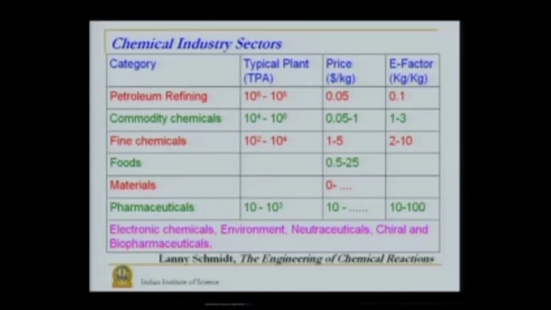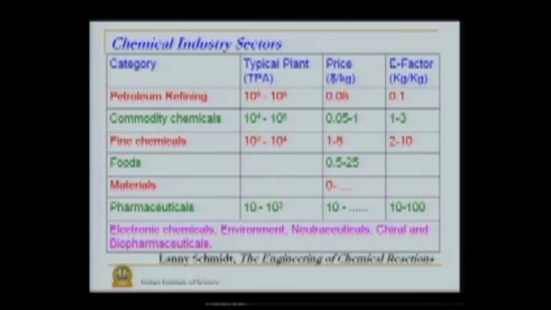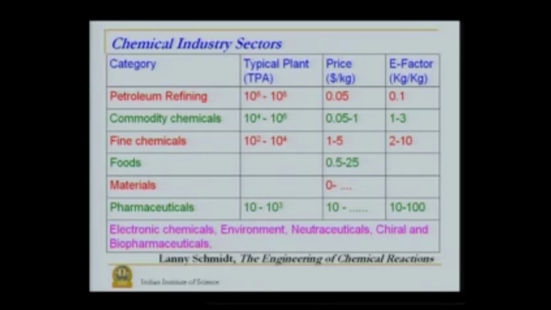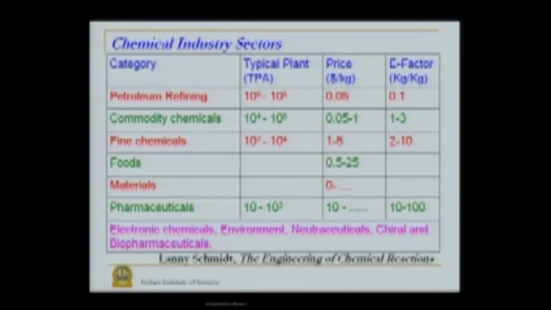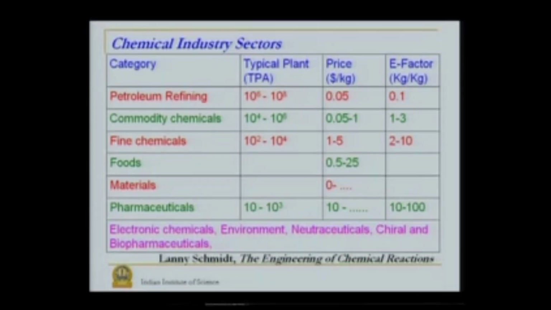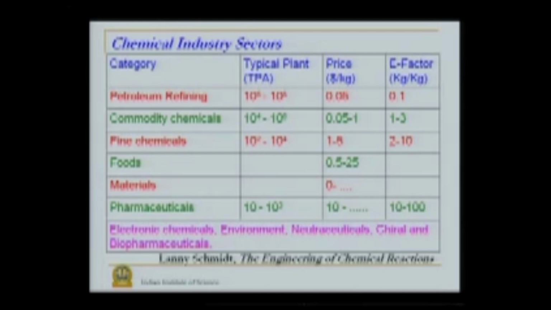For example, in pharmaceuticals or biochemicals, since they are produced in such dilute concentrations, the focus is mostly on separation processes rather than worrying about how to improve the reactor and so on. But that is not the case, for example, with petroleum refining and so on. So, depending on the process or the product that one is looking at, we have to decide on what activity will eventually lead to improved profitability and so on.